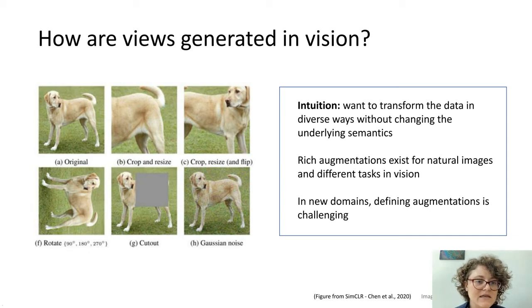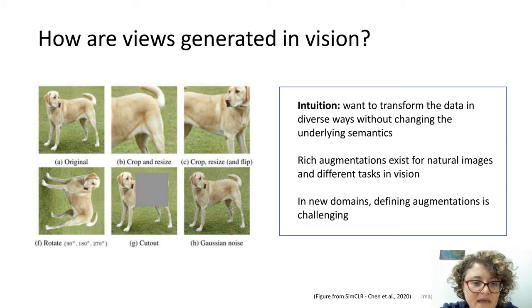And in images, we know of really rich augmentations or transformation classes that will solve this task of capturing underlying semantics while also providing pixel level content that's very different.